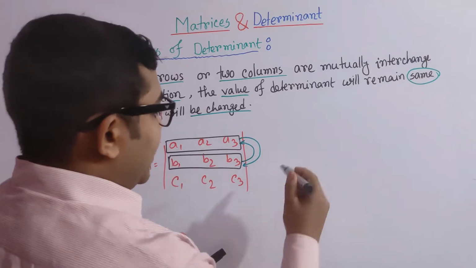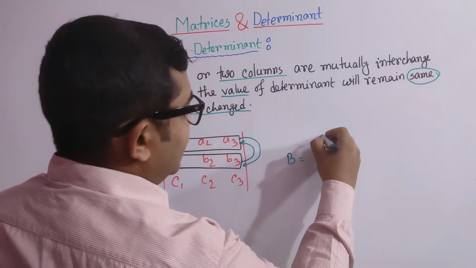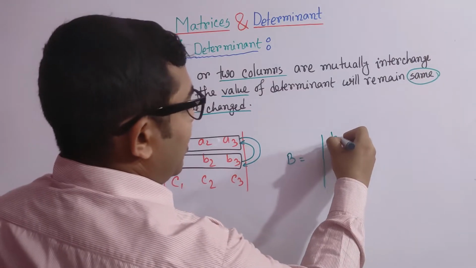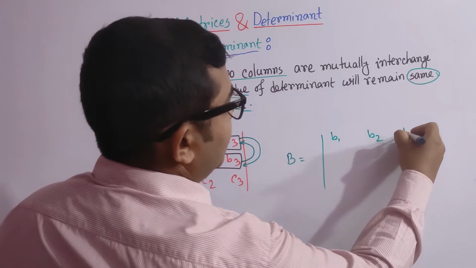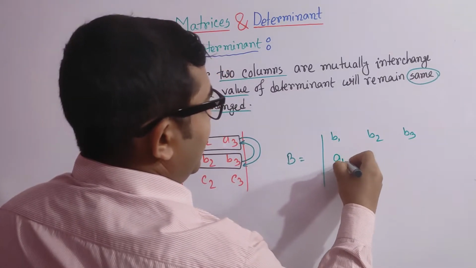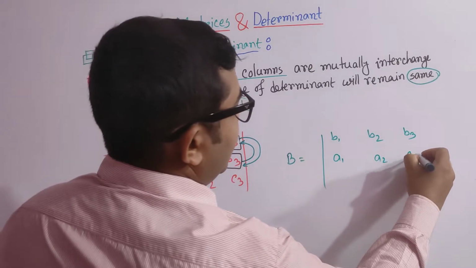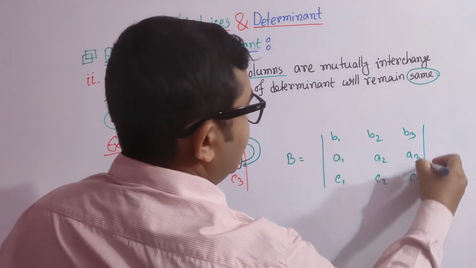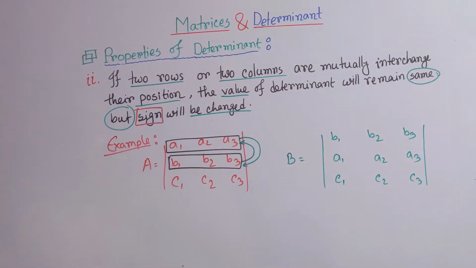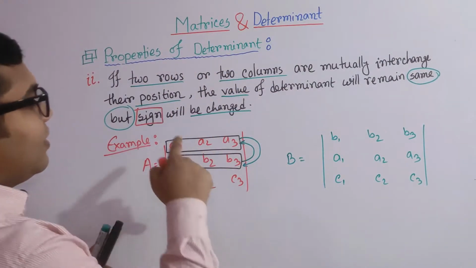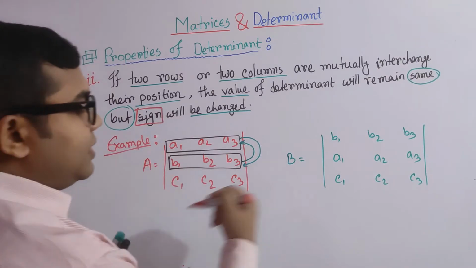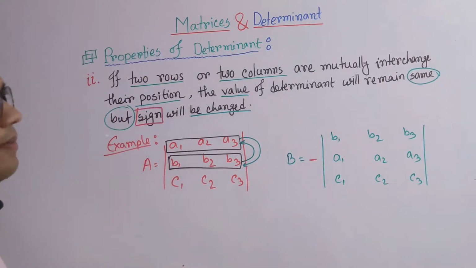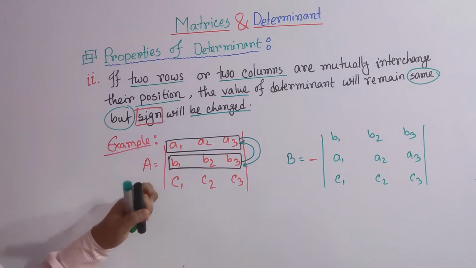Then we get a matrix that looks like B1, B2, B3, A1, A2, A3, C1, C2, C3, where the value will be the same, but there will be a minus sign.